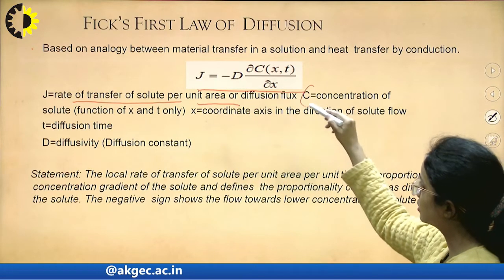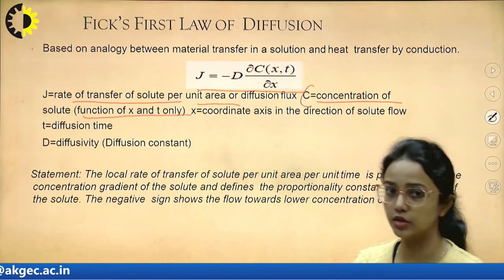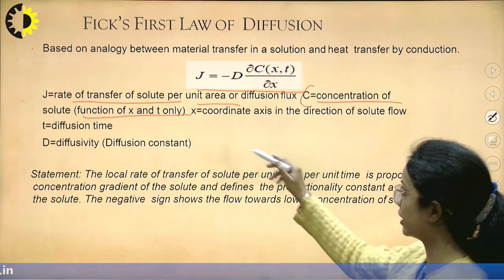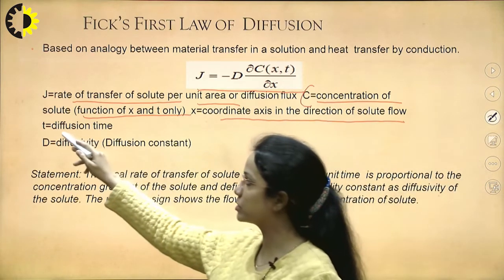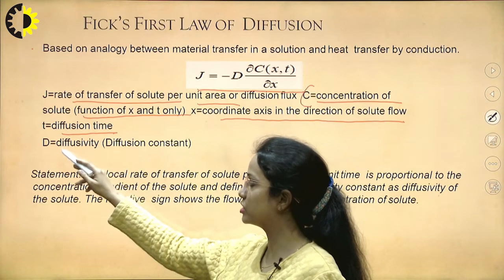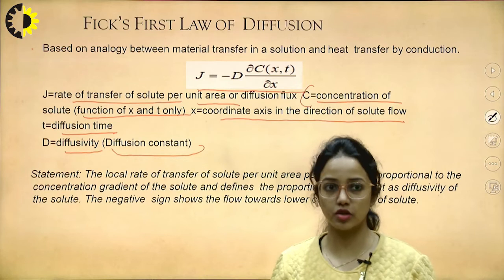C is the concentration of solute, a function of x and t only. x is the coordinate axis in the direction of solute flow, t is the diffusion time, and D is defined as the diffusivity or diffusion constant.